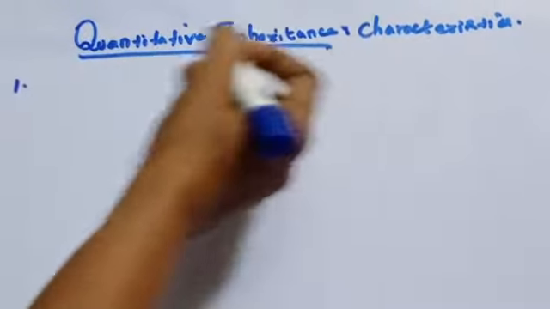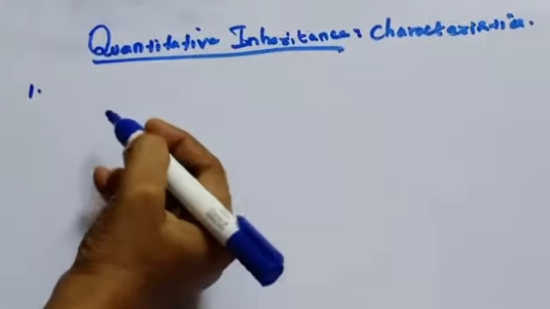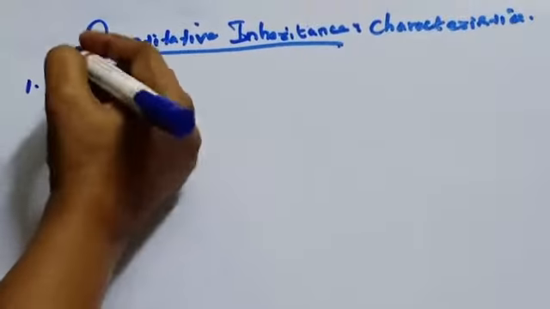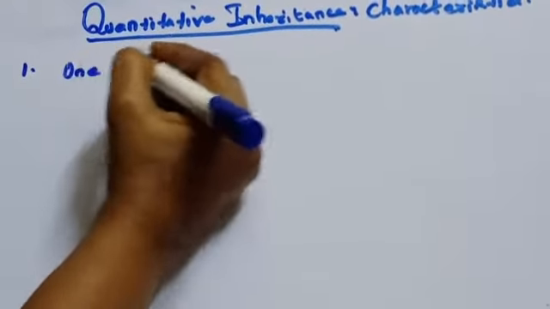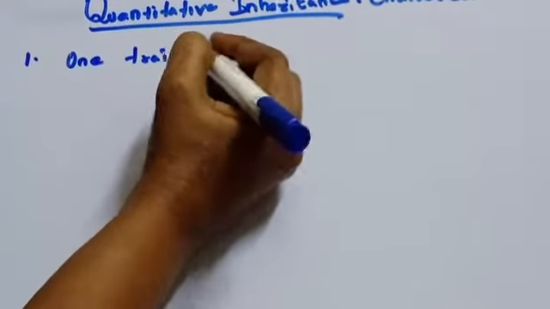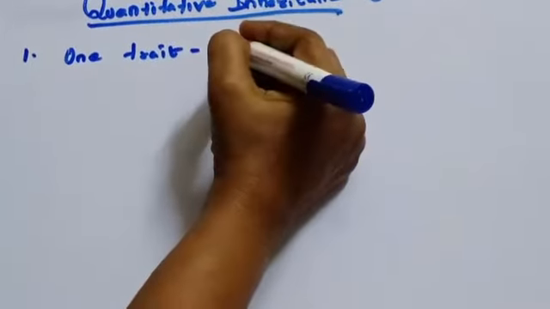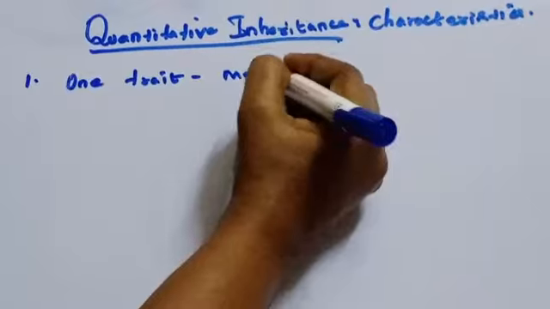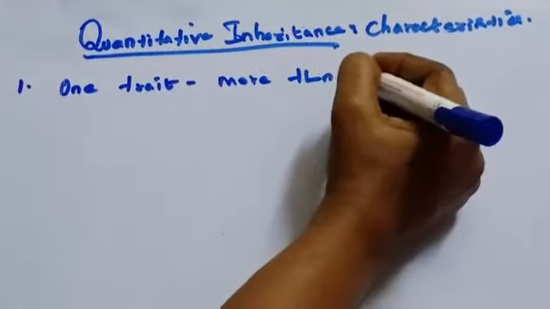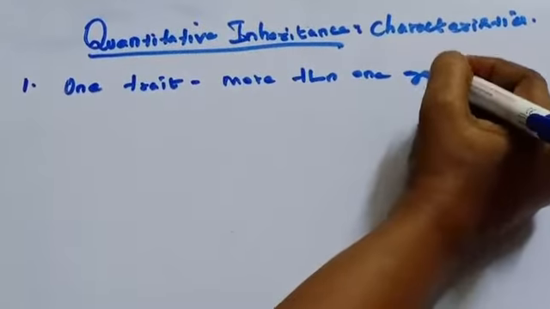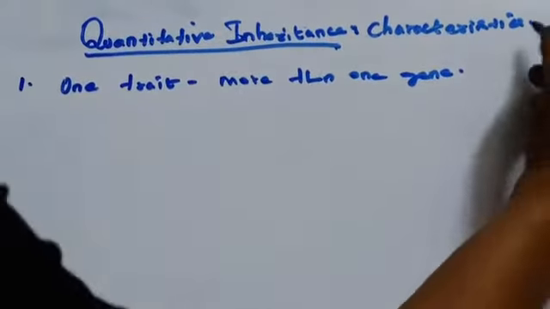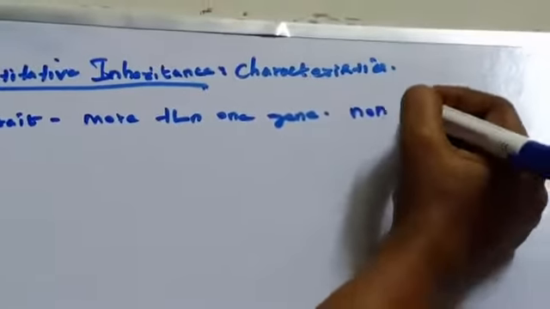Next we will see the characteristics of quantitative inheritance. The first character is that one particular trait is controlled, determined, by more than one gene, and all such genes are non-allelic.